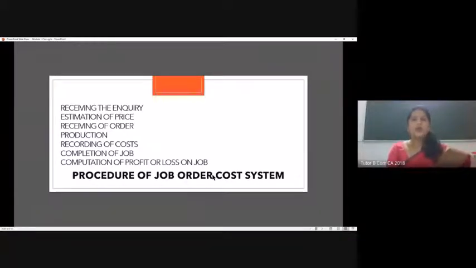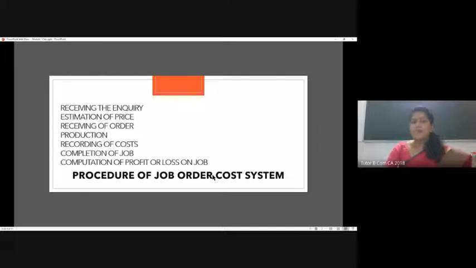Once the inquiry is received by the manufacturer, depending on the specifications made by the customer, the manufacturer will estimate a price for the product. Say, if you say that I want a wardrobe with 3 doors, he would estimate the total cost for manufacturing a triple-door wardrobe, and then look into what rate of profit he would require.